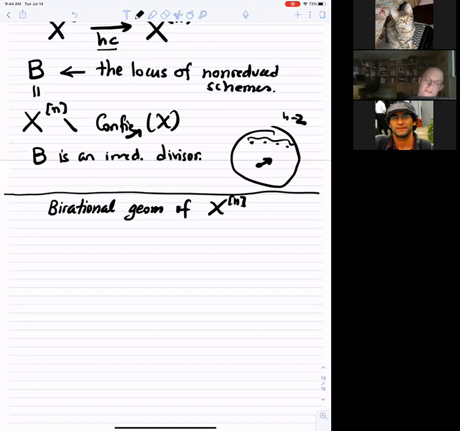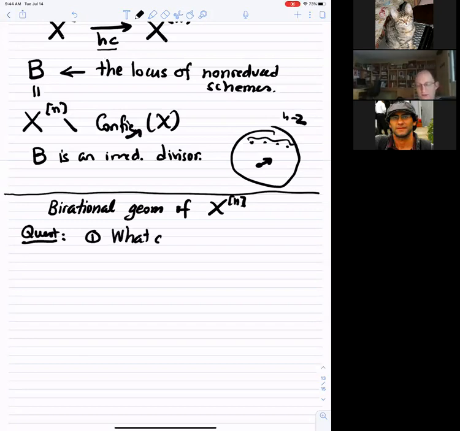So what does that mean? The kinds of questions that we want to ask. The first question is, what are the embeddings of X^n into projective space?